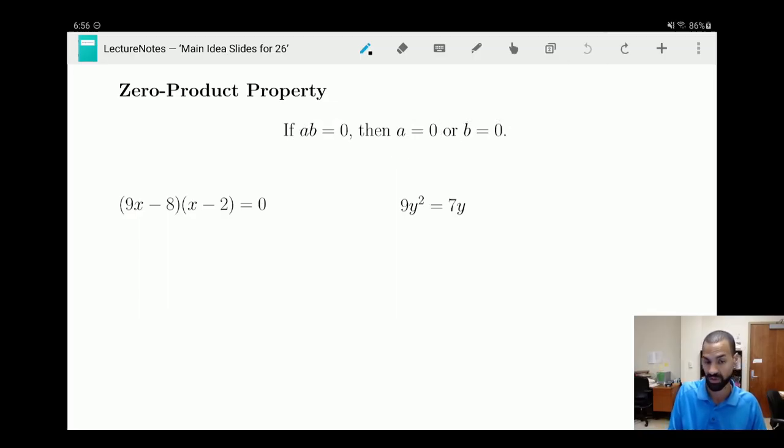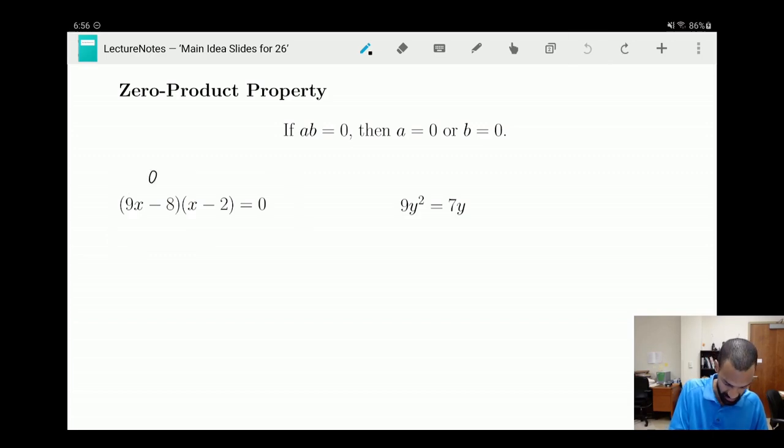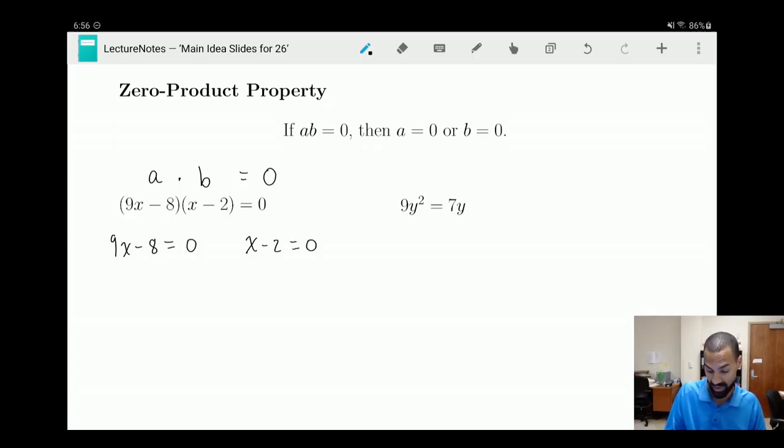Okay, all that to say, look what we have right here. We have something times something equals 0. The zero product property applies here. So 9x minus 8 could represent the 0, or x minus 2 could represent the 0. Notice in both cases I have these two simple equations, right?